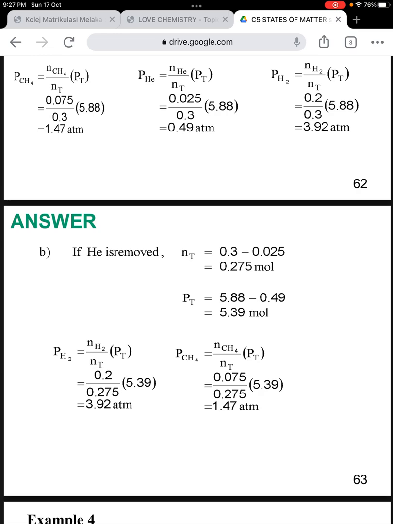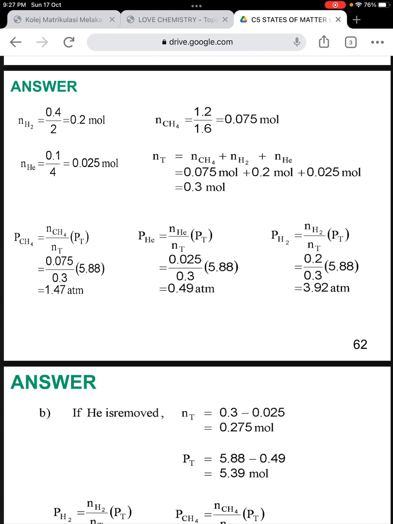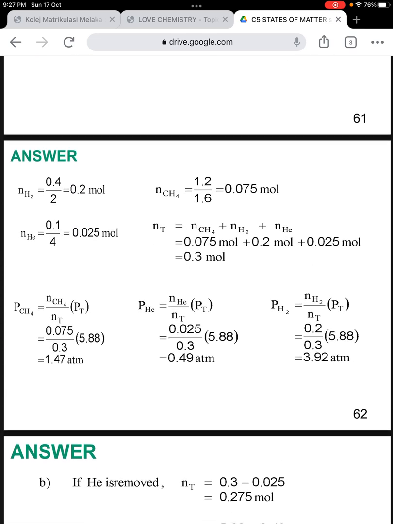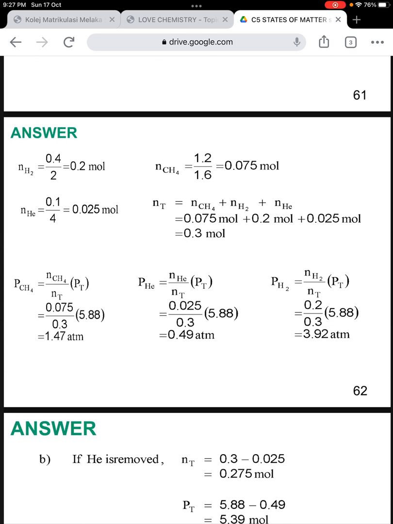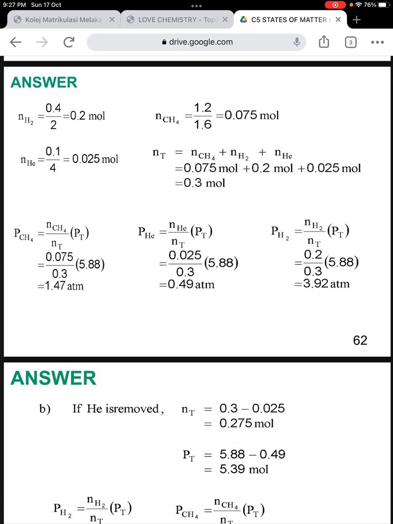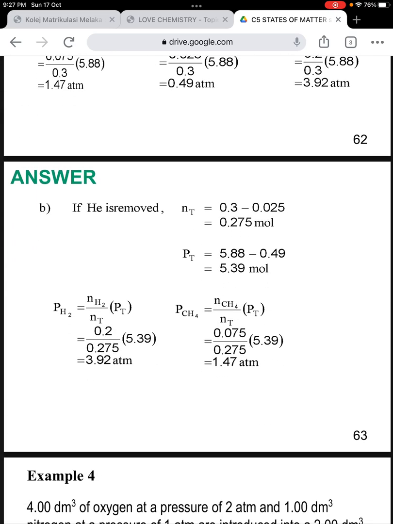The mole of hydrogen is still 0.2. Bear in mind, 0.2 never changes because we don't do anything to hydrogen gas. So the mole is 0.2. However, the total mole has now changed to 0.275 because helium has been removed.